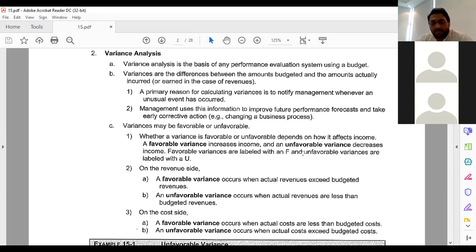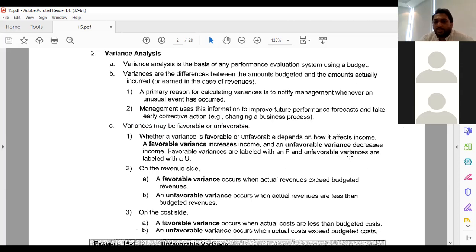This 2,000 difference is unfavorable. Why? Because it is decreasing your income. If it was revenue, like you budgeted 20,000 and reached 25,000, then 5,000 is your favorable variance. If there is no difference, like 20,000 budgeted and 20,000 reached, we don't need to mention anything about that.